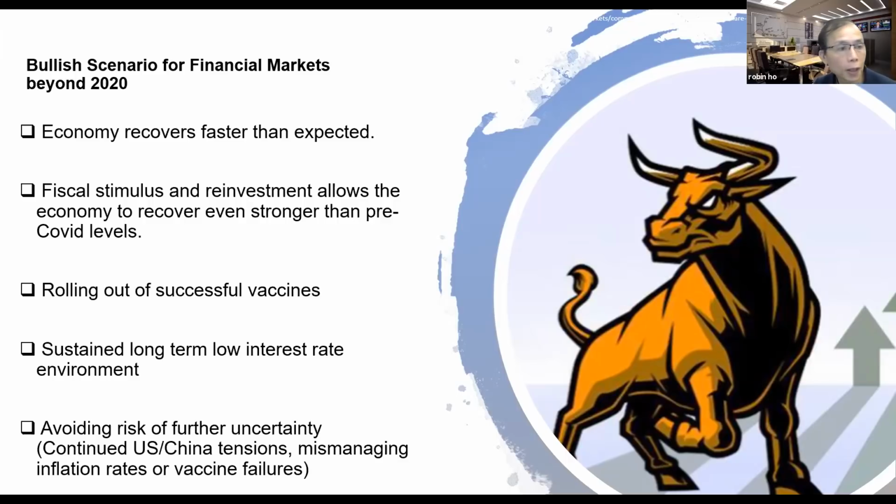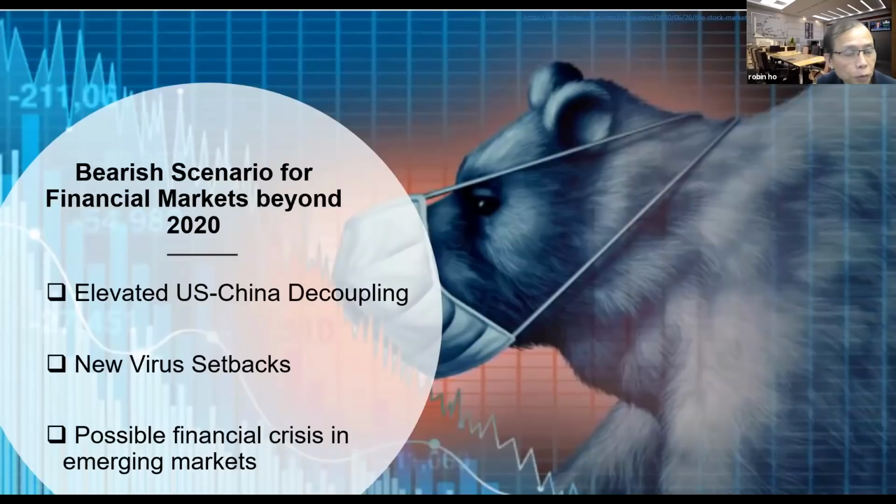The bear case scenario would be elevated US-China decoupling and a new virus setback, which I don't think is likely. All over the world today we see COVID cases increasing every day.